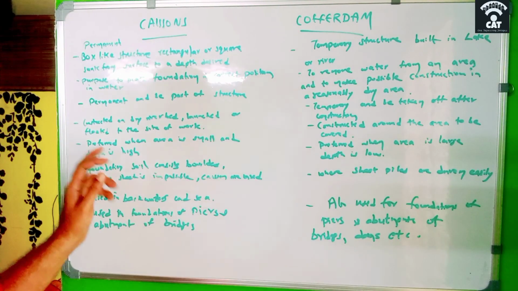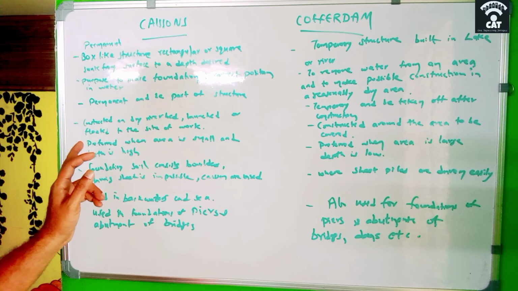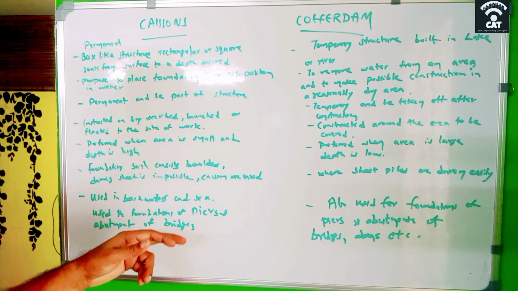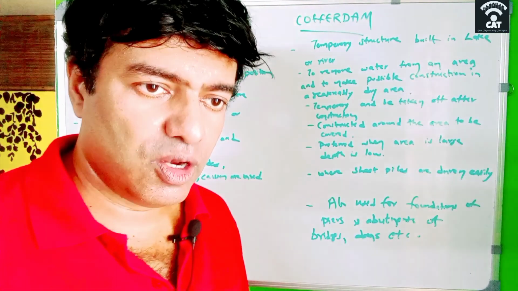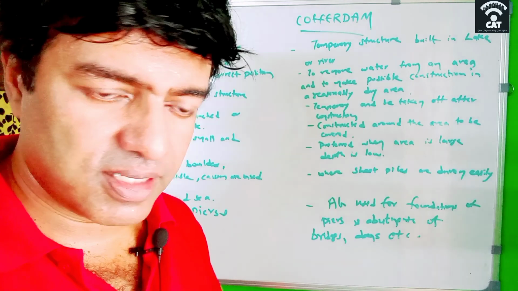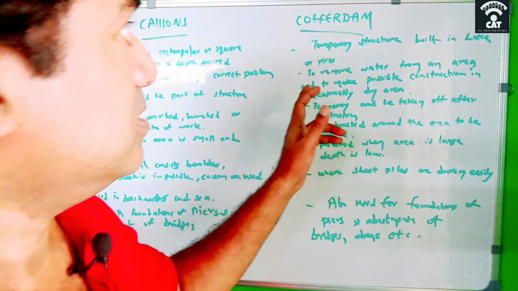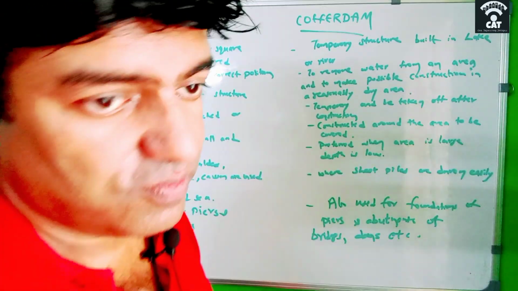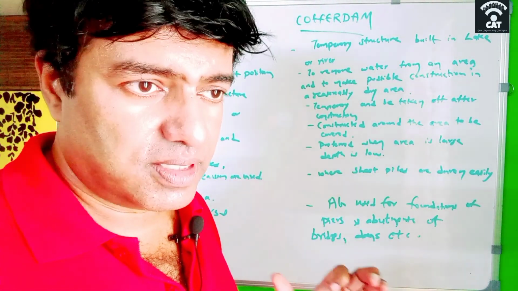Then coming to the caisson, it is constructed not on a dry riverbed, and it is launched or floated to the site of the work. The caisson can be launched from a different site, or it can be floated to a particular area, and then sunk down there. But a cofferdam is something we construct around the construction area.